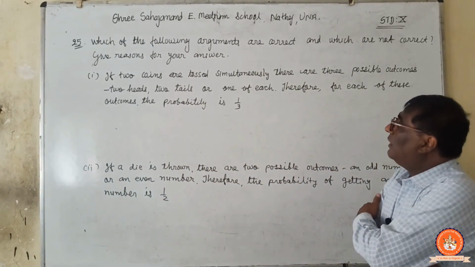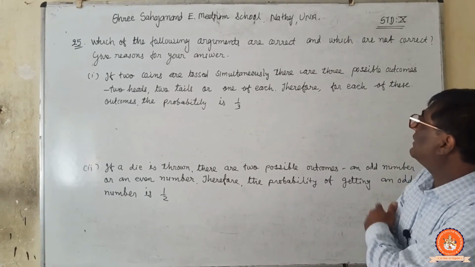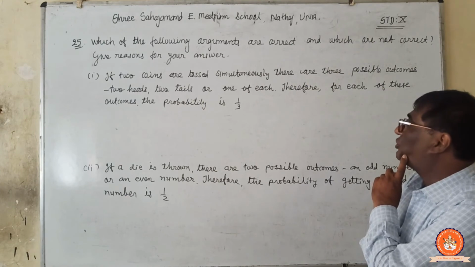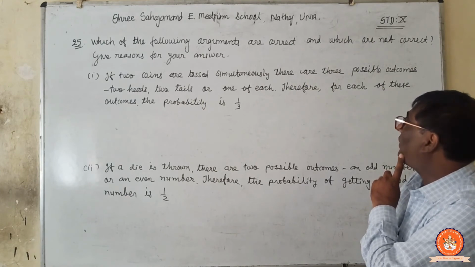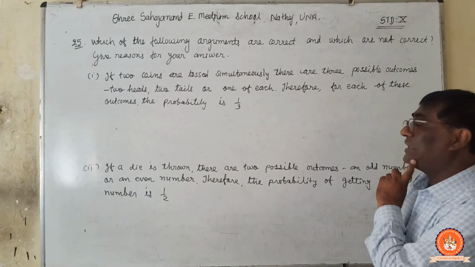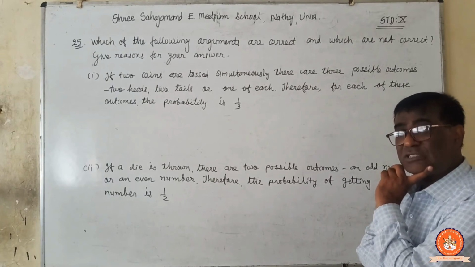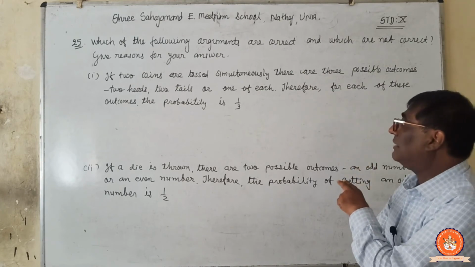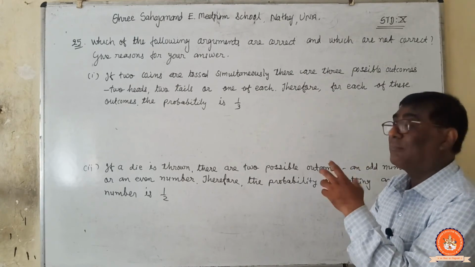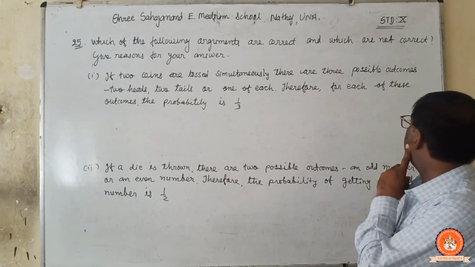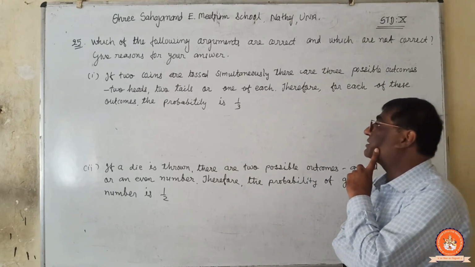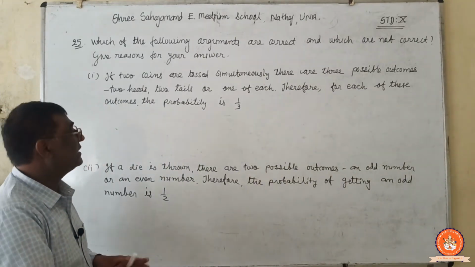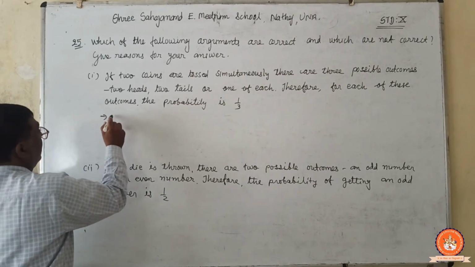If 2 coins are tossed simultaneously, there are 3 possible outcomes: 2 heads, 2 tails और 1 of each. यानी एक हेड और एक टेल, यानी 3 पॉसिबल आउटकम्स है. या तो आपको 2 हेड मिलेगा या आपको 2 टेल मिलेगा, या एक बार हेड और एक बार टेल। So therefore for each of these outcomes the probability is 1/3. My friend, it's incorrect.